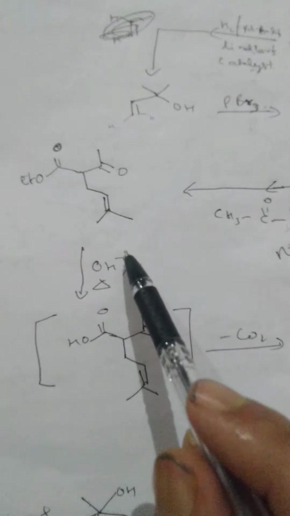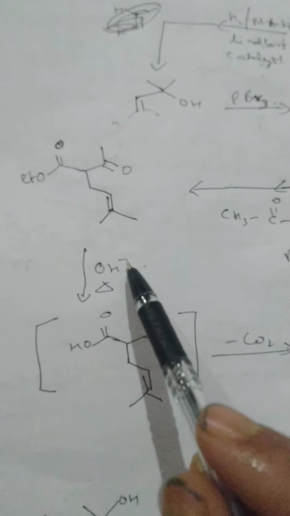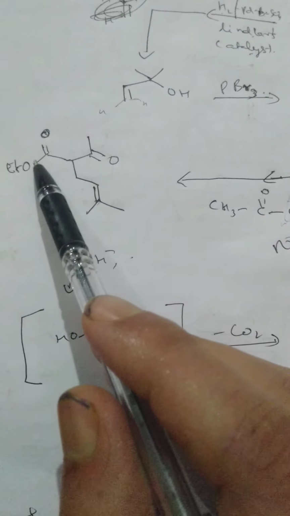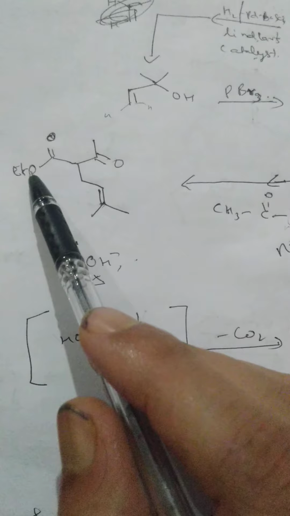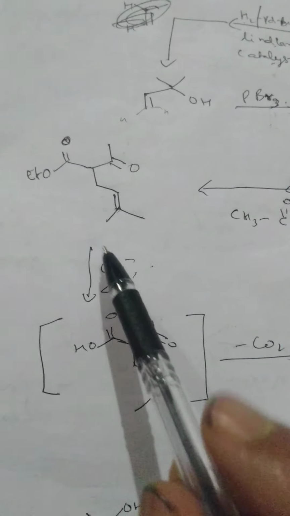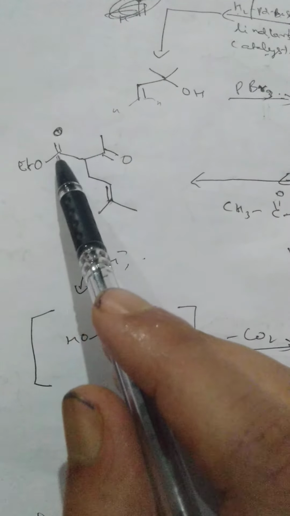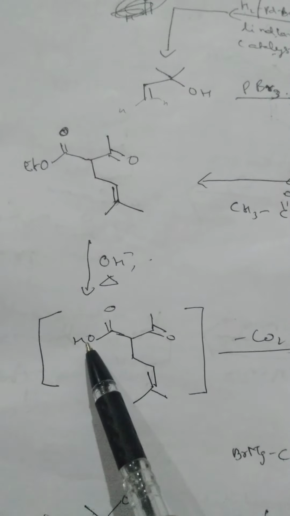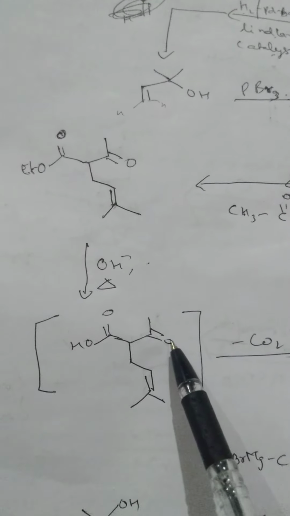And then you use OH minus and water. What is this? This is an ester, no? R C double bond O, O R. So if you hydrolyze an ester in acid or base, what do you get? Esters break up, you get acid plus alcohol. So that's what you are getting, C double bond O, OH, and here you have C double bond O.